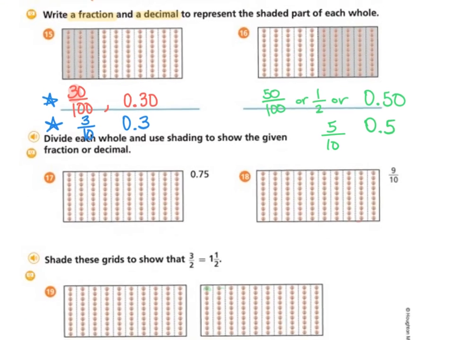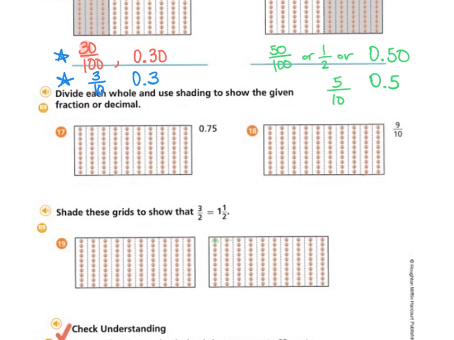Now they've turned it around on you just a little bit. For numbers 17, 18, and 19, they're asking you to shade in for the decimal that they've given you. Take a moment, shade in 75 hundredths, 9 tenths, and 1 and 1/2. Then show me your thumbs up and I'll know that I can call on you.